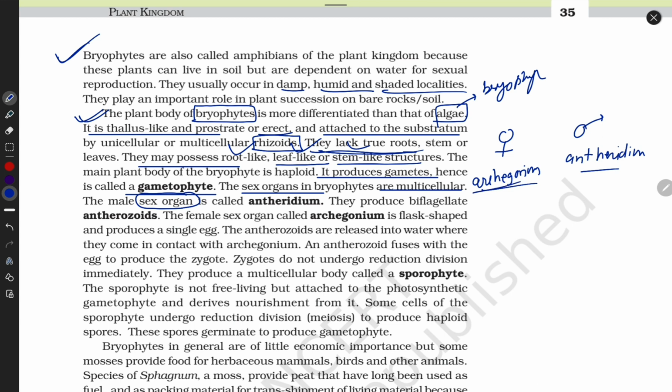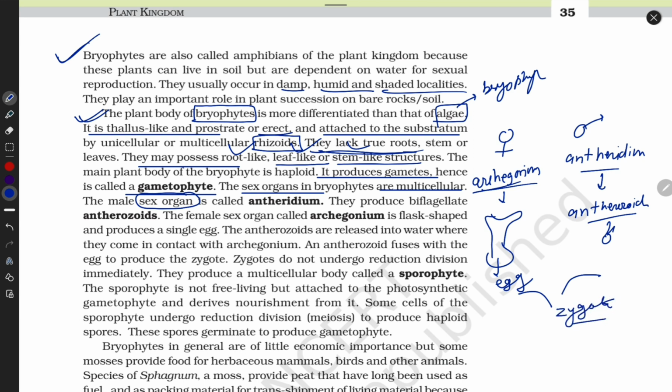Clear? They produce antherozoids, which have a biflagellated structure. The archegonia have flask-like structures and they produce eggs. In future, egg and antherozoids, the sperms, fuse in fertilization and produce a zygote.